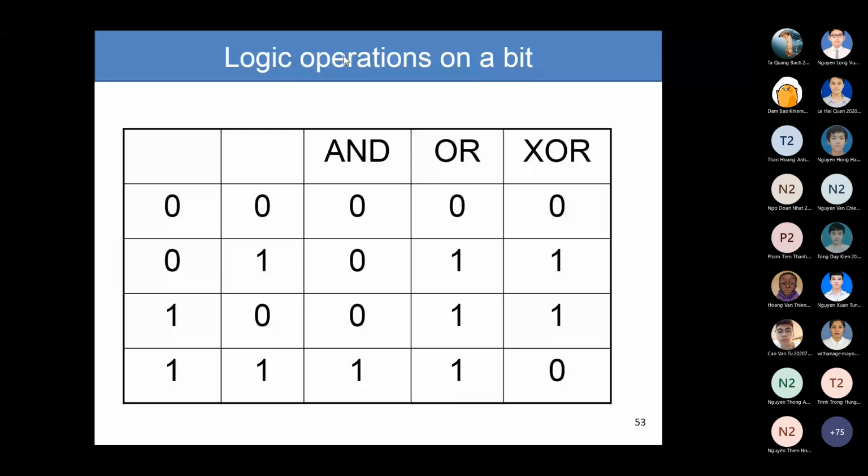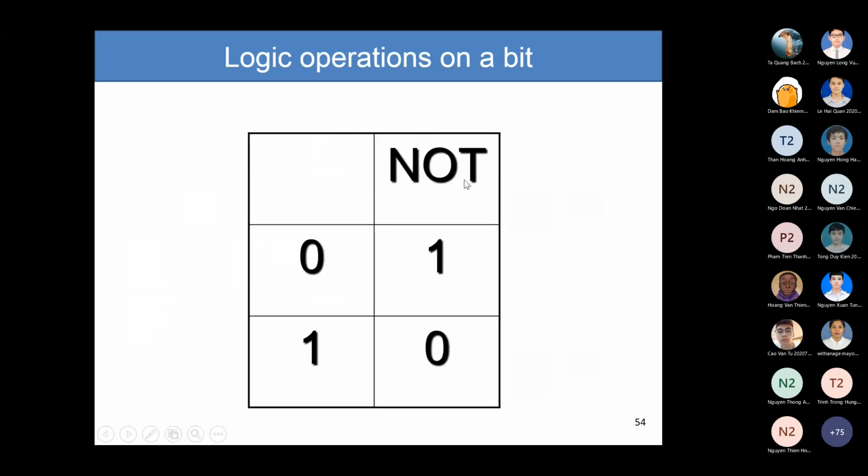So this table shows some operations on bits, the logic operations. So we have AND, OR, XOR, and also we have a NOT operation.